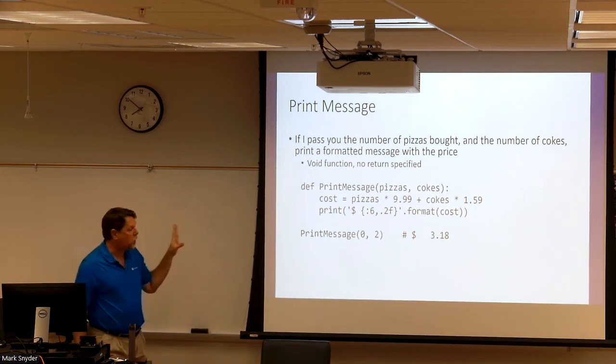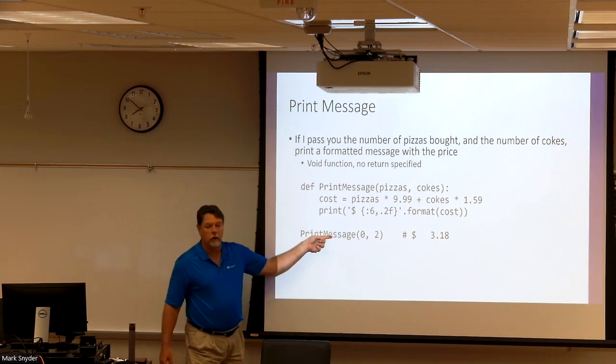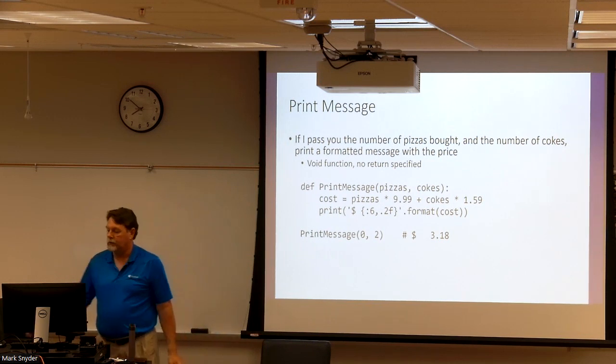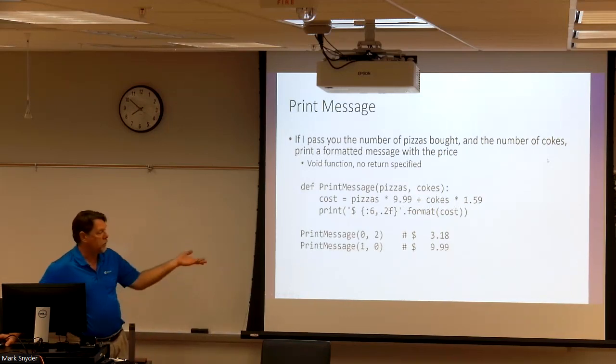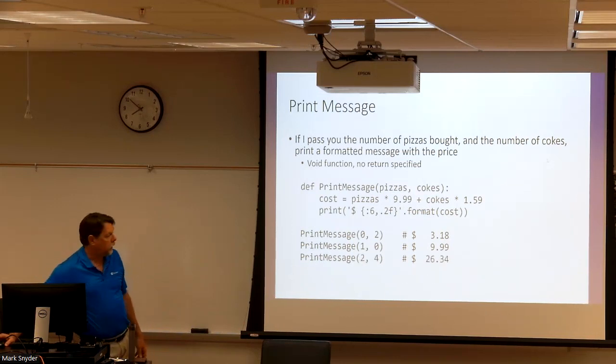So if I just ran this program by itself, it's going to print one line to the screen, and it's going to be $3.18 if I did my math right. Here's another call. I pass 1 and 0. I get $9.99. I call it again with 2 and 4.